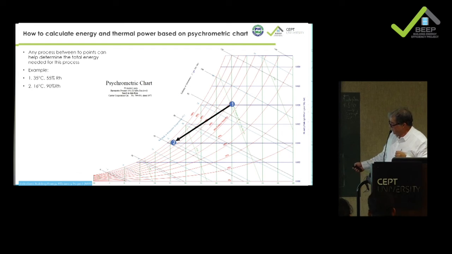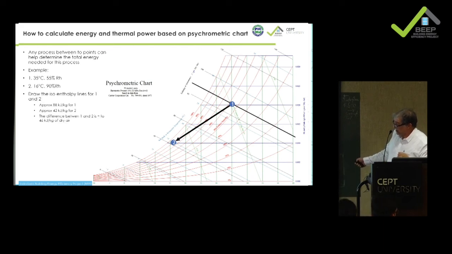The enthalpy line for point 1 is between 80 and 100, approximately 88 kilojoules per kg. And then if you go to this point, you are down to something like 42 kilojoules per kg.